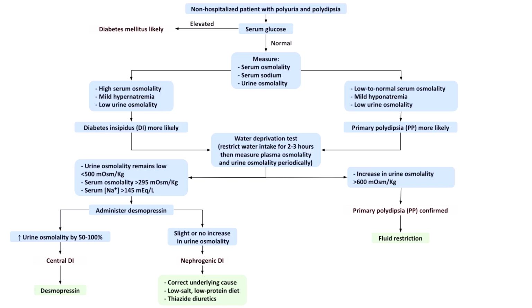If we return to the algorithm, we can see that this patient has a normal serum glucose, which makes diabetes mellitus unlikely. However, she has mild hypernatremia with a high serum osmolality, which should make us think more of diabetes insipidus. To confirm, a water deprivation test should be performed.